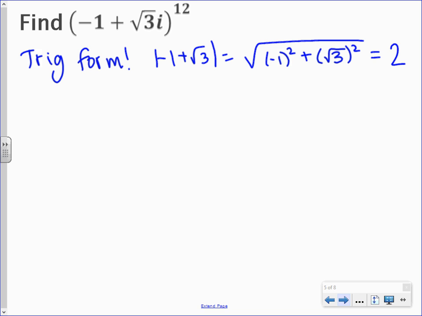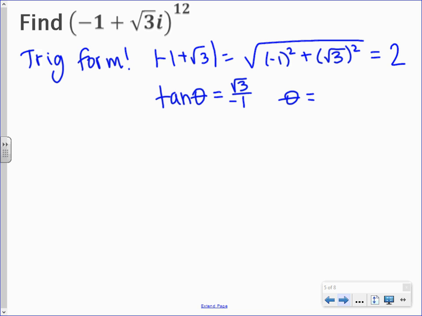Okay. Now let's talk about the angle. The tangent of theta is radical 3 over -1. I am hoping you don't need your calculator for this because it is a unit circle value. What's our reference angle? Our reference angle is 60.